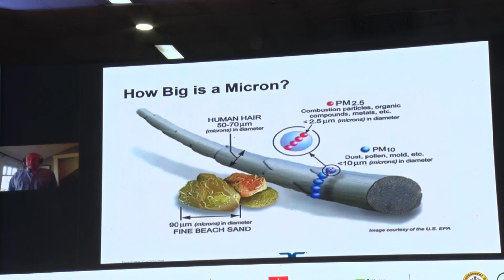So when we think about 10 microns, a micron, of course, is a millionth of a meter. That's a pretty abstract term. When we think about 10 microns, that's about the same size as typical allergens like dust, pollen, mold spores. When we get down to the 1 to 5 micron size range, which is really critical, particularly in our rolling element bearings, these are the same size as smoke particles, soot particles, even viruses, right?